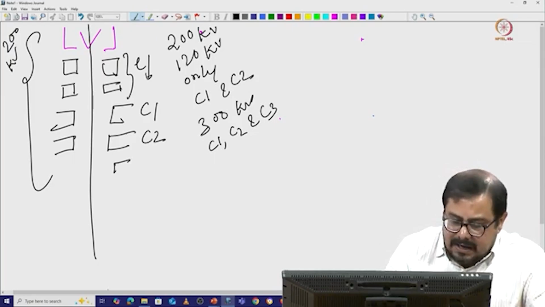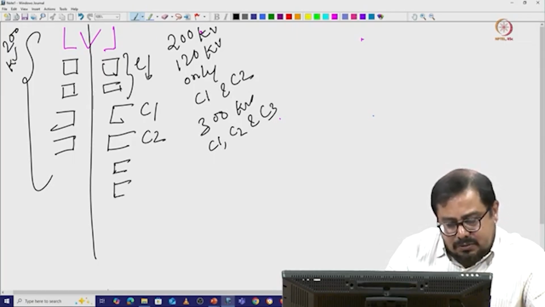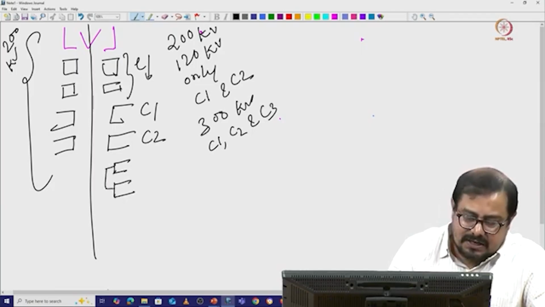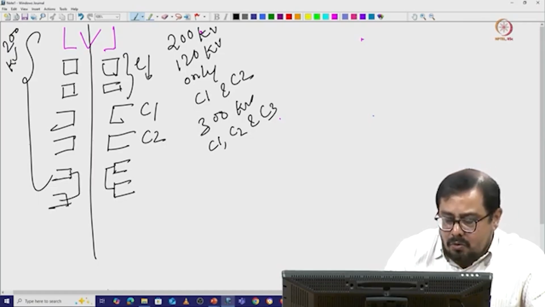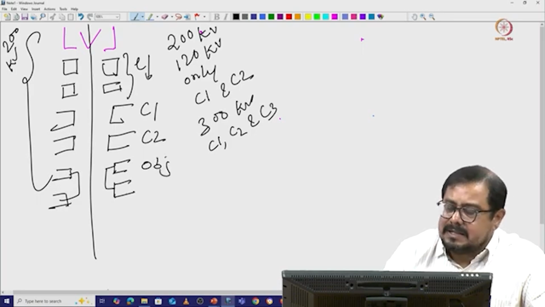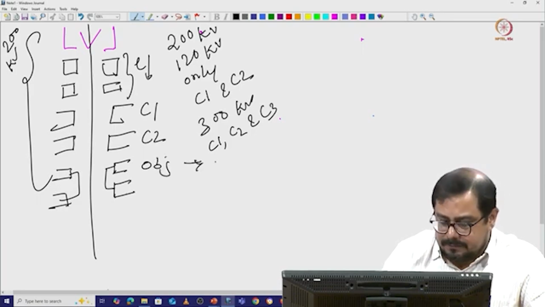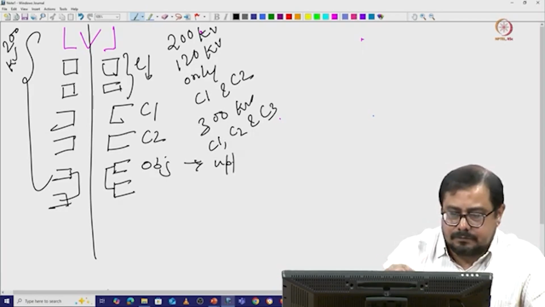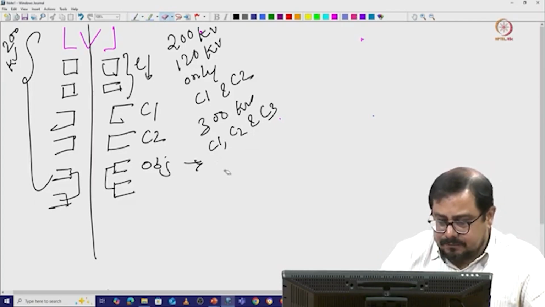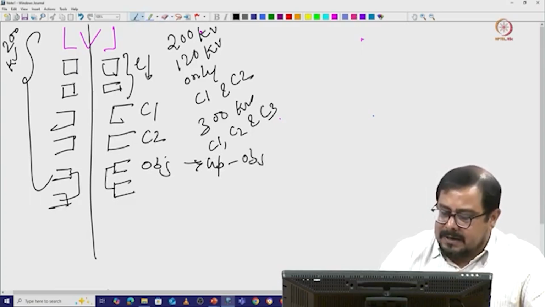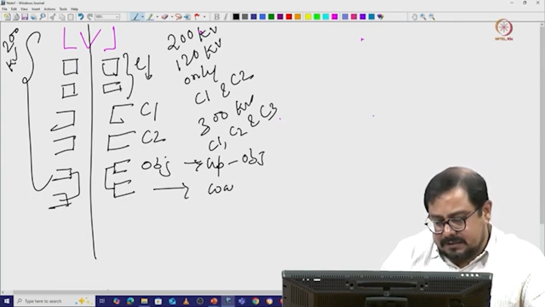Then you will get an objective lens, which is connected with each other. So the objective lens, if you consider this objective lens, this is the upper objective lens, and this is the lower objective lens.